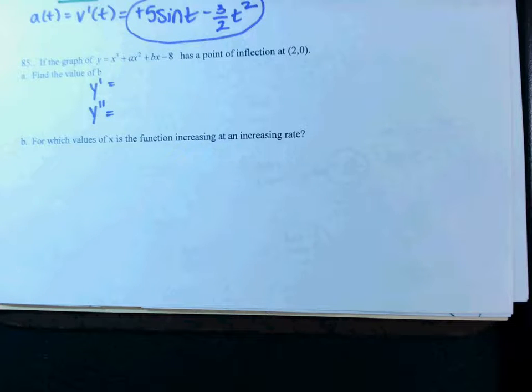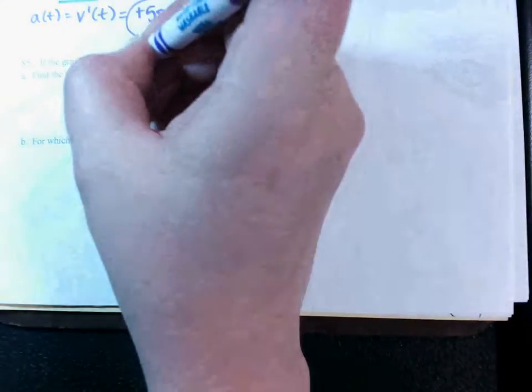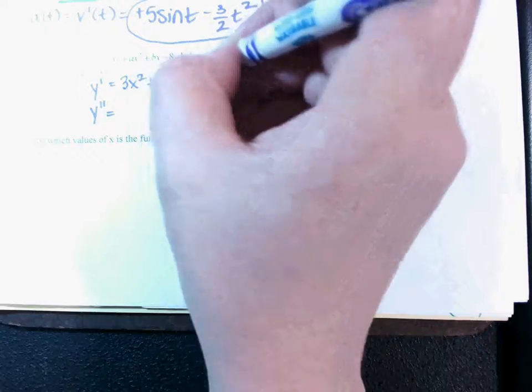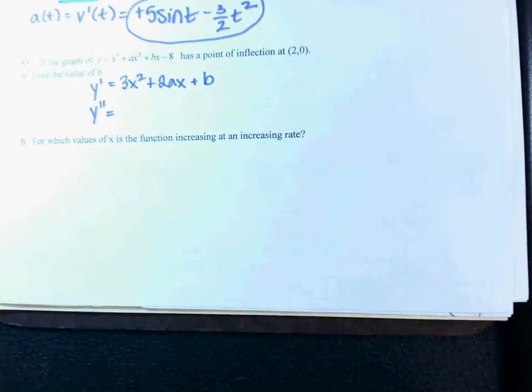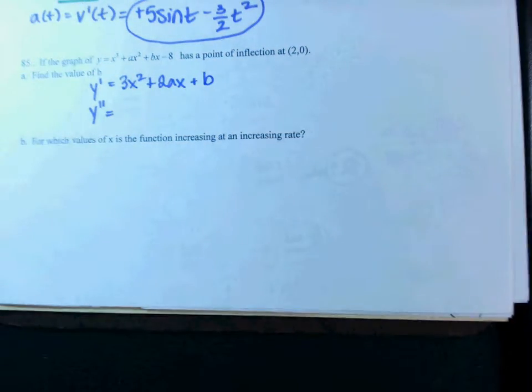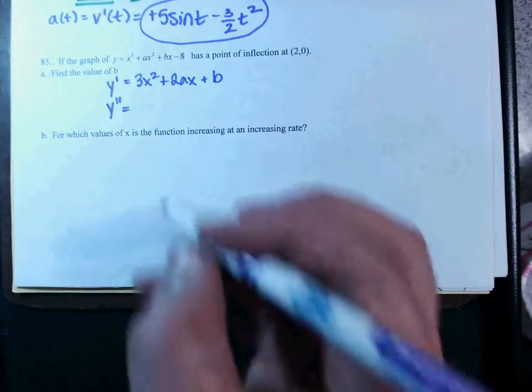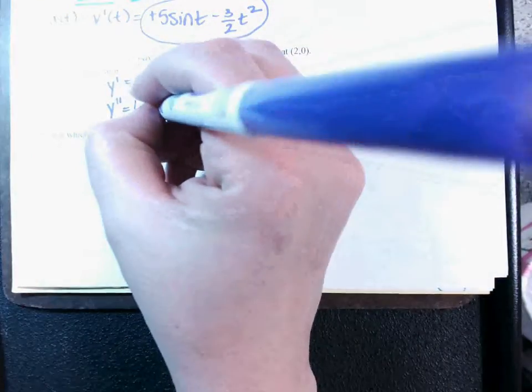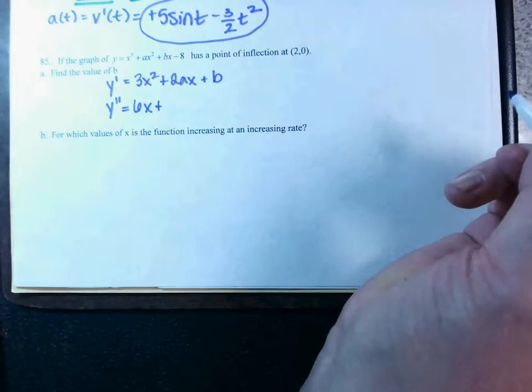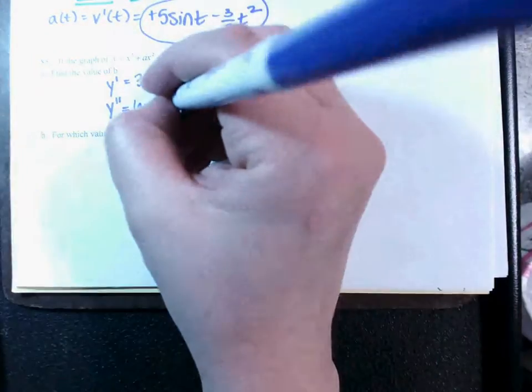So what would my first derivative be? Okay, 3x squared plus 2ax plus b. Now what about the minus 8? Derivative is 0. Okay, from there, second derivative, what would it be? 6x plus, what's the derivative of 2ax? 2a.